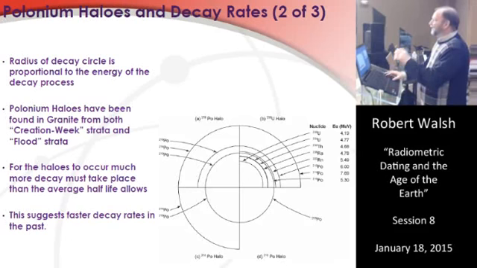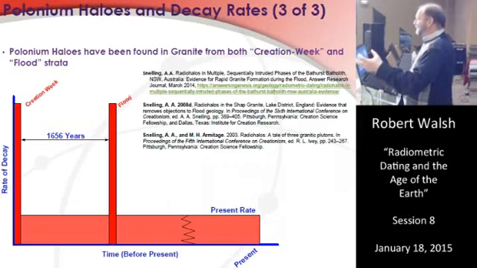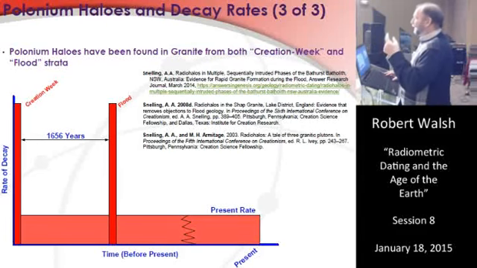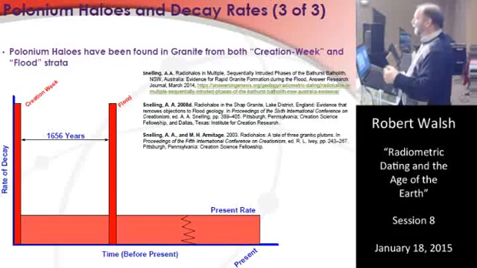So this is an area where the beauty of the creation model is that we have this evidence in the geologic column of rapid decay of polonium in flood rocks. So that's driving the creation researchers to come up with new physics models of atomic decay, nuclear decay.